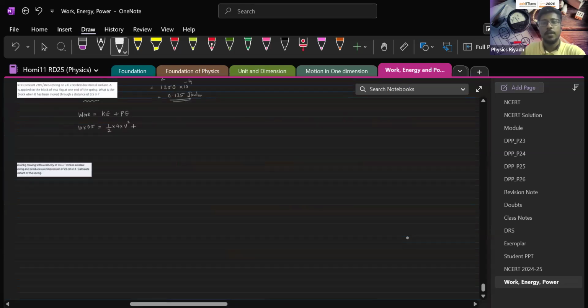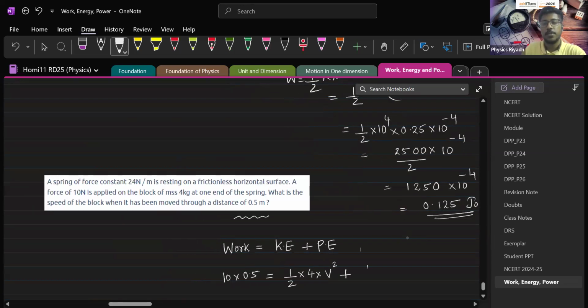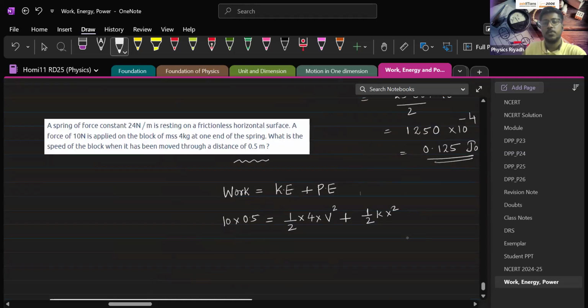So here you have to calculate the potential energy. Potential energy is equal to half kx square. You have to substitute the values here. 0.5 into 10, 5, is equal to half into 4, 2, into v square, plus half into k, which is 24, into displacement 0.5, so 0.5 squared.